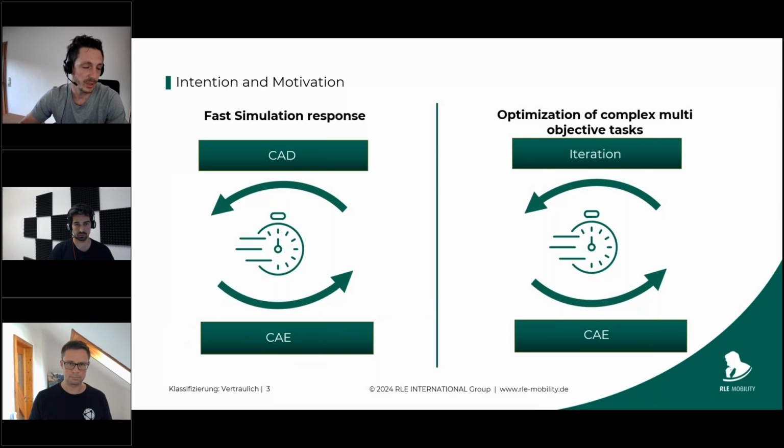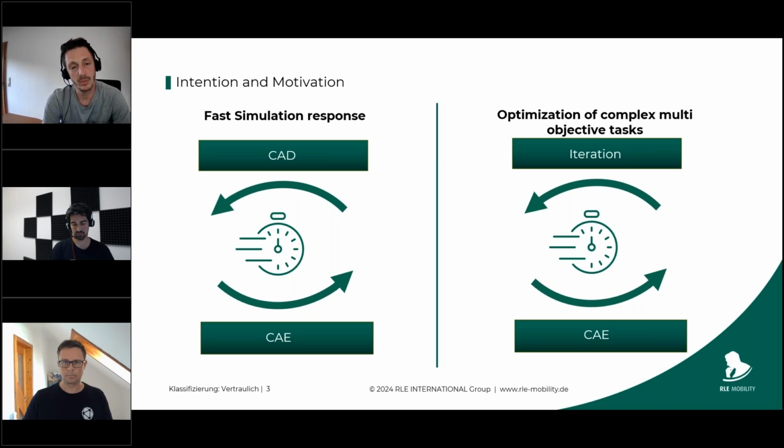Prediction before simulation is about having a faster response from the system, whether it is concept validation or validation of a design which has to be validated by a CAE department.